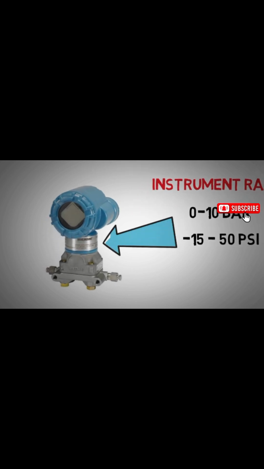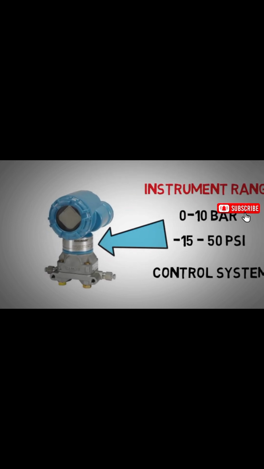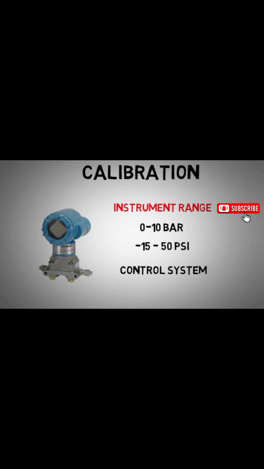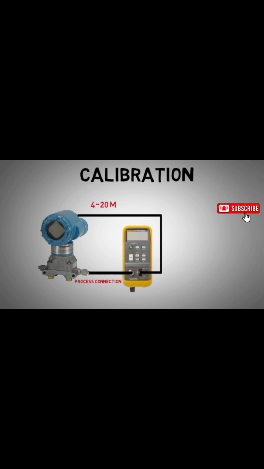For you to calibrate a transmitter, you will be needing a process calibrator or a hand pump. This process calibrator will be connected to the pressure transmitter to simulate pressure air that you will use to calibrate the transmitter.